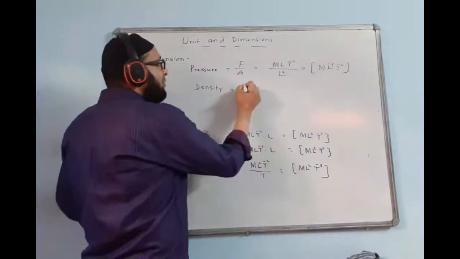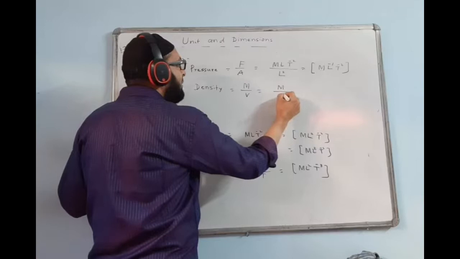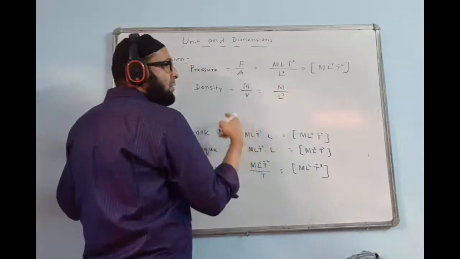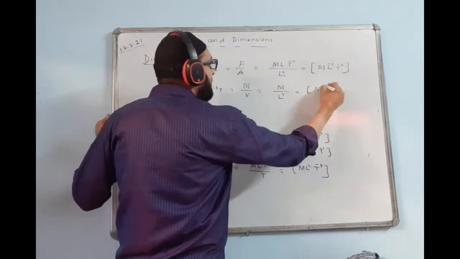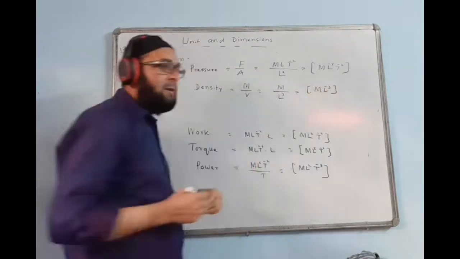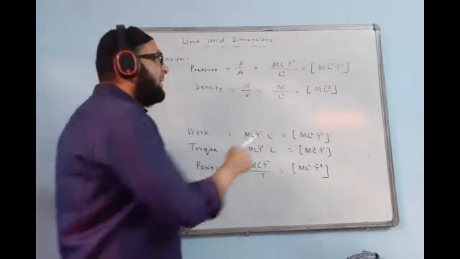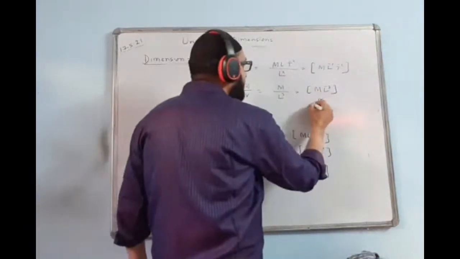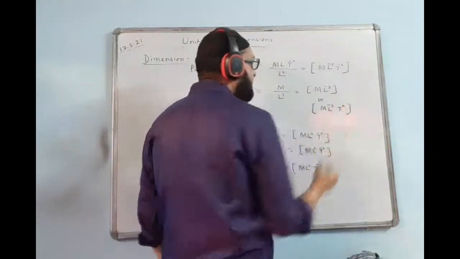Density is equal to mass by volume, we have. So mass is M only and volume is L cube, meter cube, length into breadth into height, L cube. Finally your answer becomes ML minus 3. There is one more way of expressing it: ML minus 3, and T is not coming, so I'll write T to the power of 0.